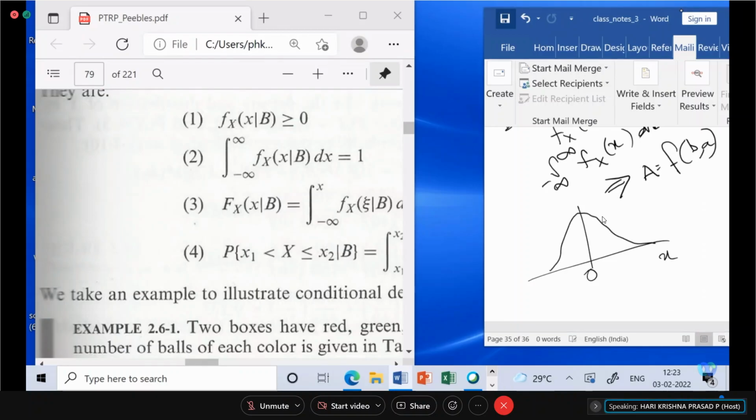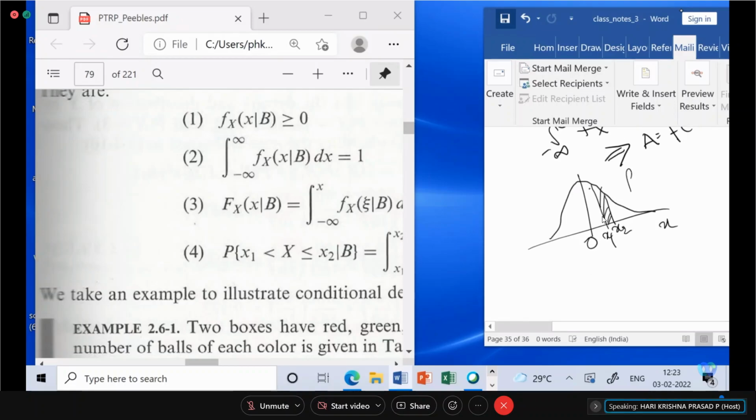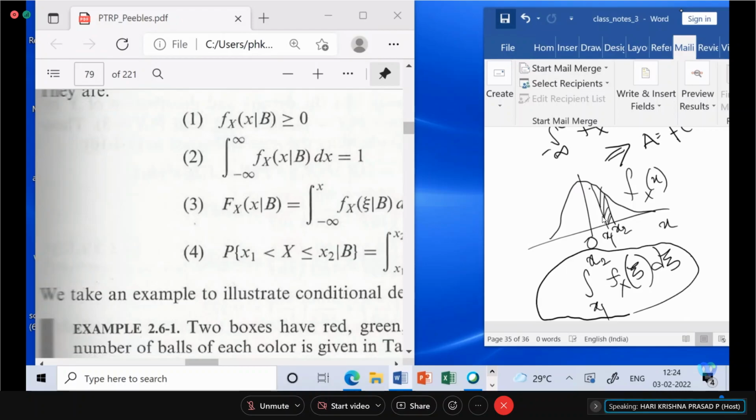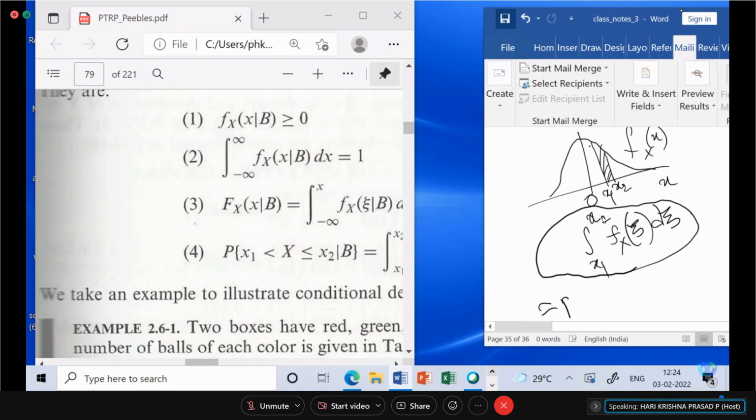I want to know the probability of the Gaussian random variable taking values between x1 and x2. In that case, I need to compute the area under the density function between those two values, bounded by x1 to x2. So this is equal to the probability that the random variable is lying between these two values.